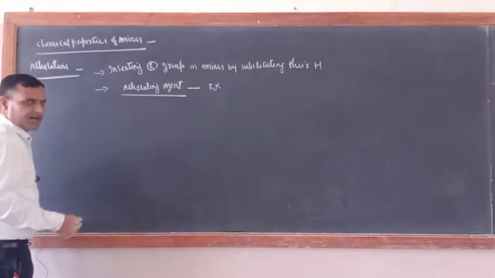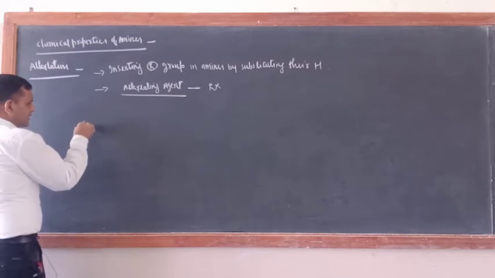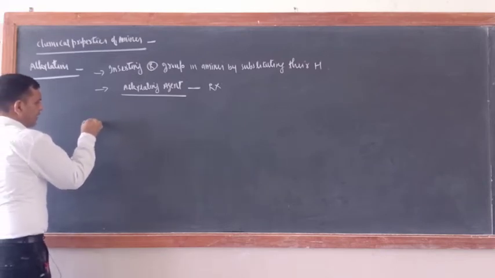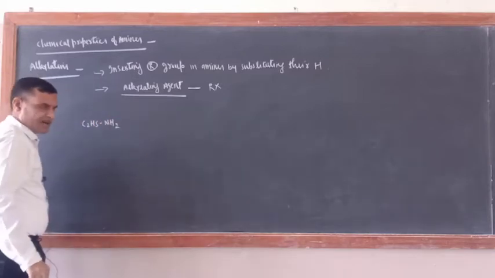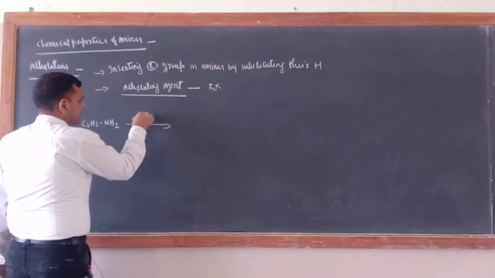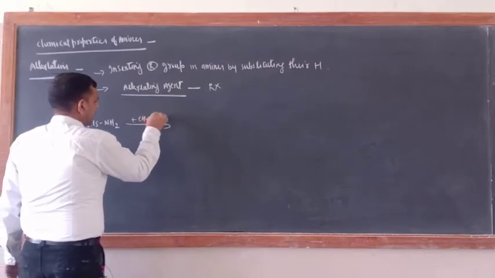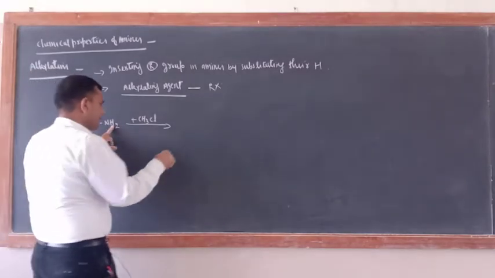Now this reaction you have already completed. Just see. Take C2H5NH2. This is a 1 degree amine, or not? Its reaction with CH3Cl: 1 H of this will be replaced.